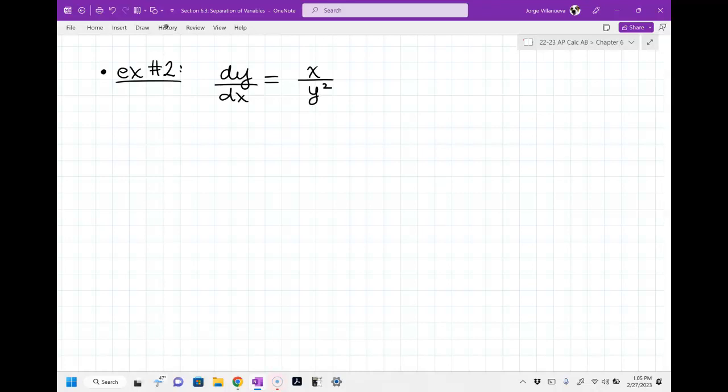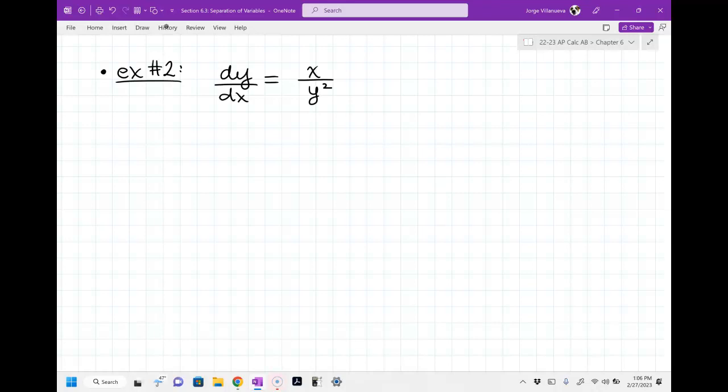So again, start off by separating variables, okay? If that requires you to cross multiply or just multiply from left to right or right to left, maybe both, subtracting, adding, whatever it is, you got to get one set of variables to one side, one set of variables to the other side.